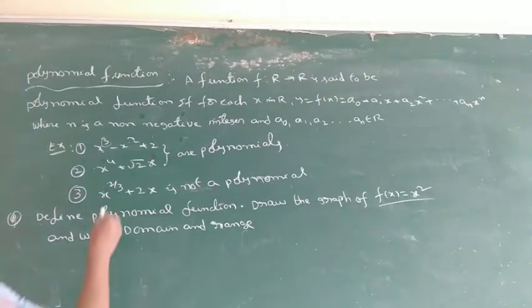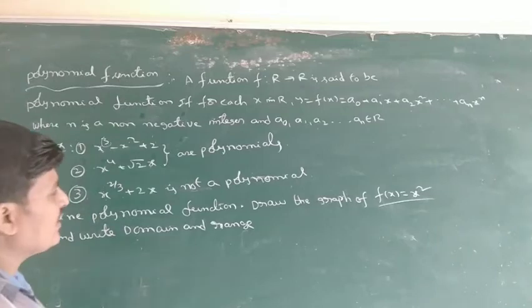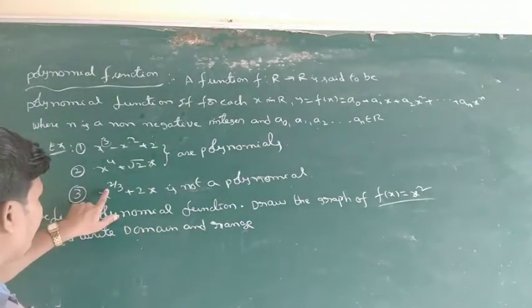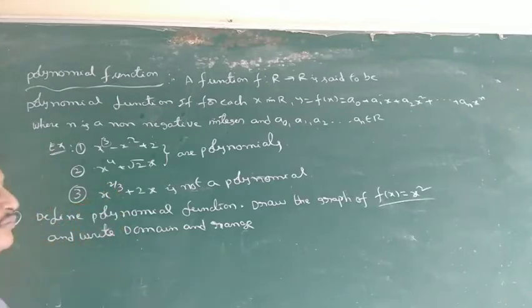Here the third one, x power 2 by 3 plus 2x, is not a polynomial. Why not? The power is a fraction.